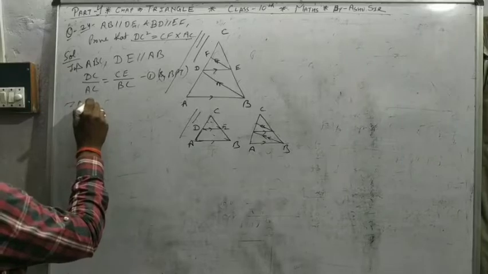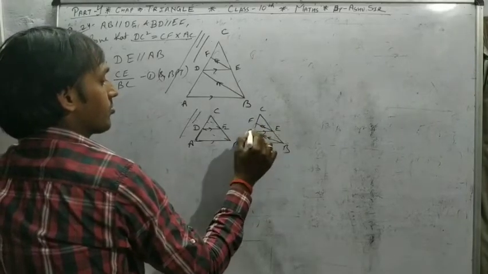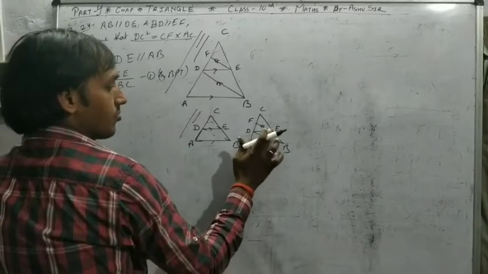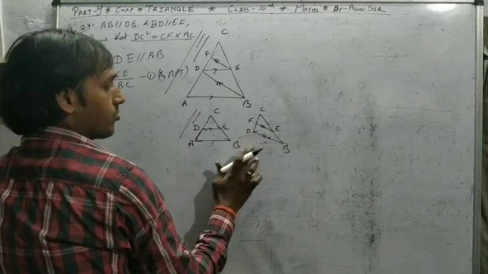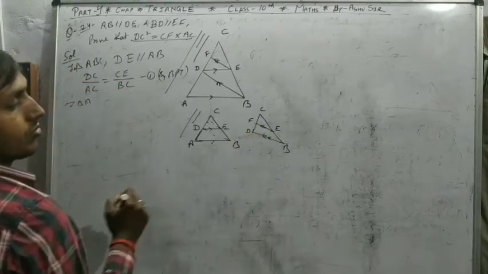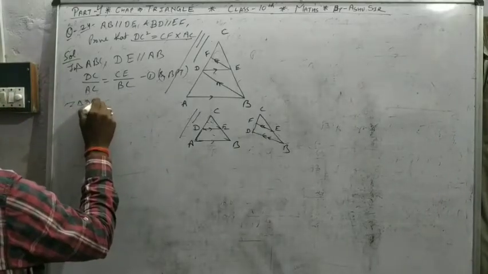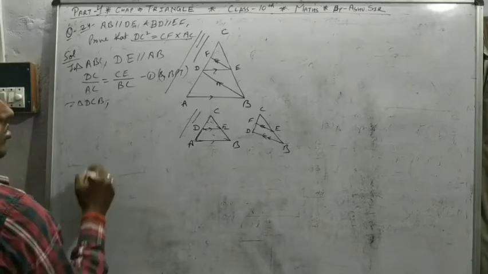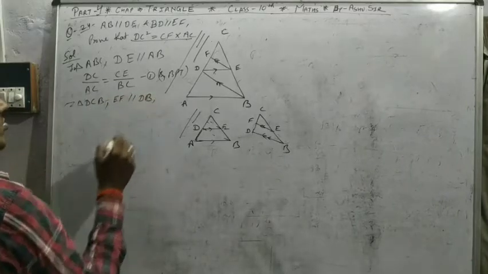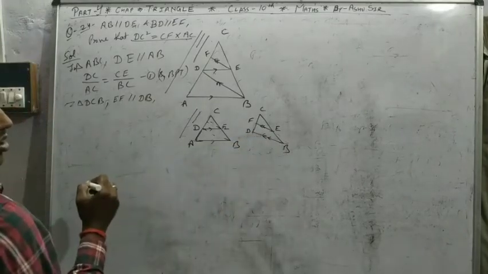Same in triangle. Here we take this part. So in triangle DCB, EF parallel to DB.